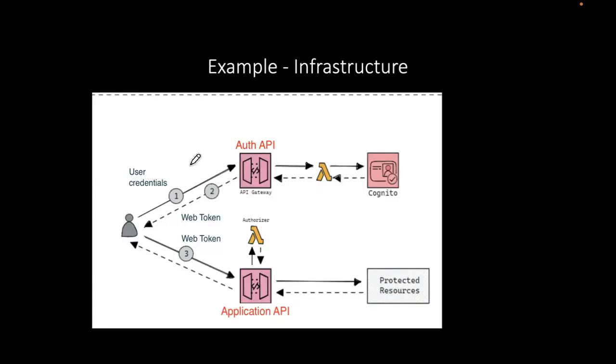Typically, although you don't have to, you have two web APIs. One web API deals with all of the authentication and authorization aspects of your overall application. And the other web API is the one fronting all of the actual application logic itself.